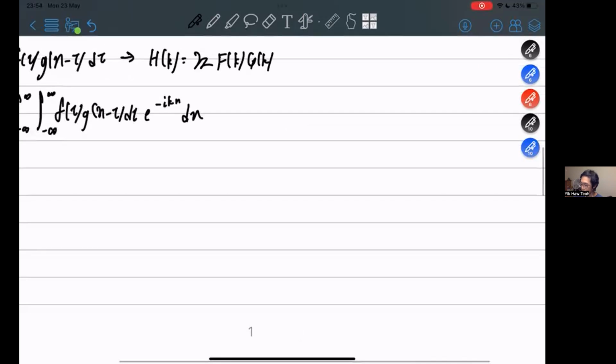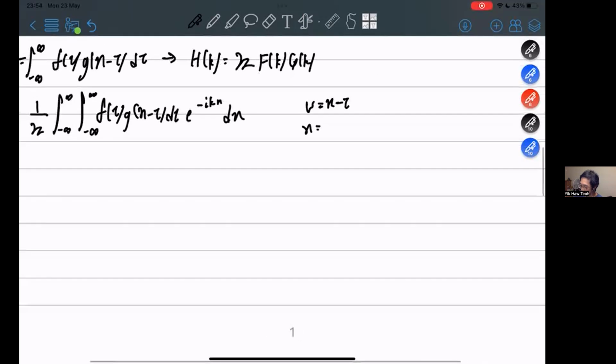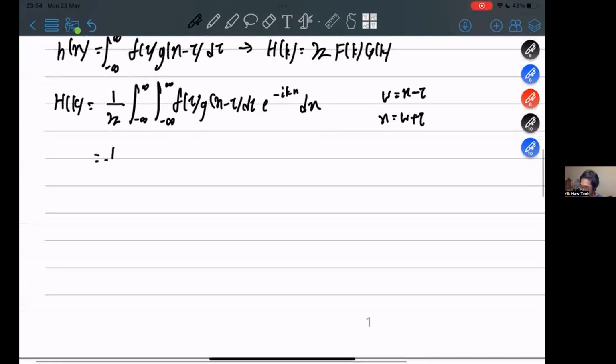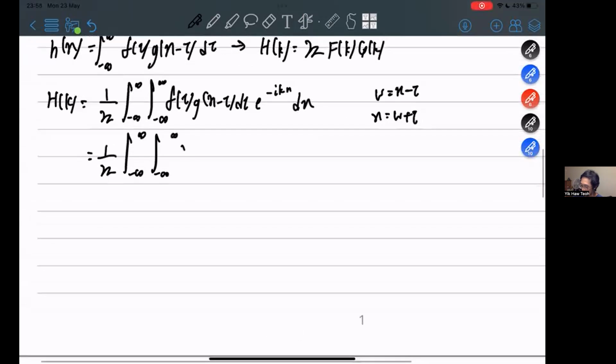The next thing we do is let w equal x minus tau. Therefore x is equal to w plus tau. This will be 1 over 2 pi, the integral from negative infinity to infinity, and we substitute in f of tau, g of w, d tau, e to the negative ik times w plus tau, dx.